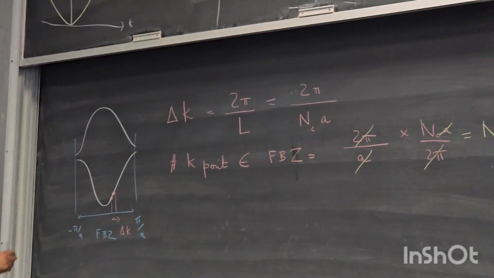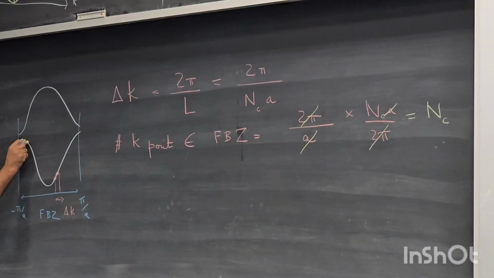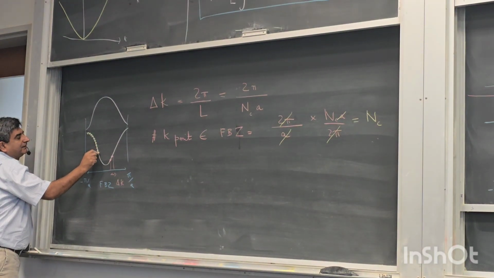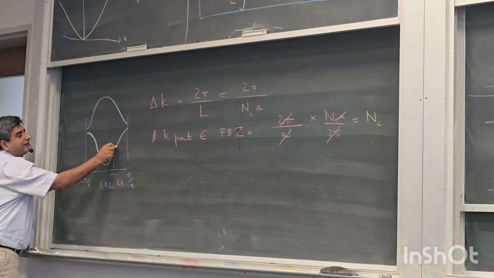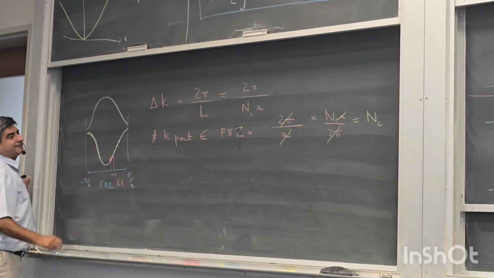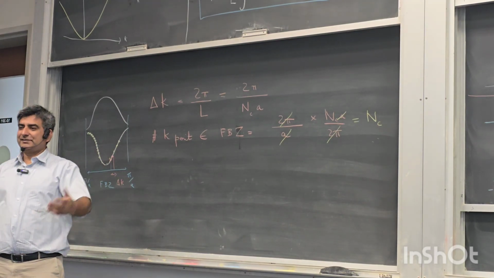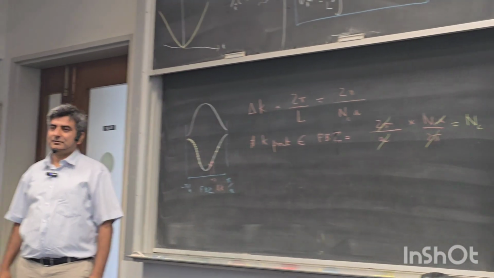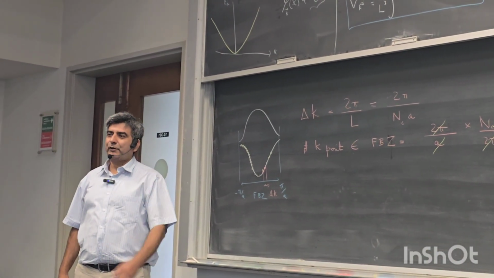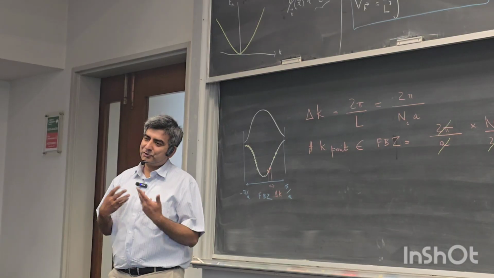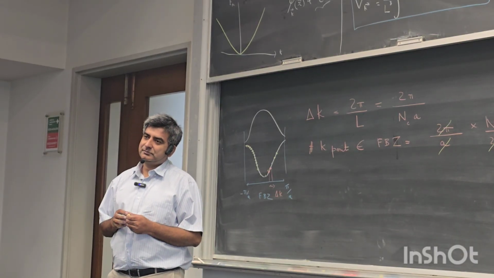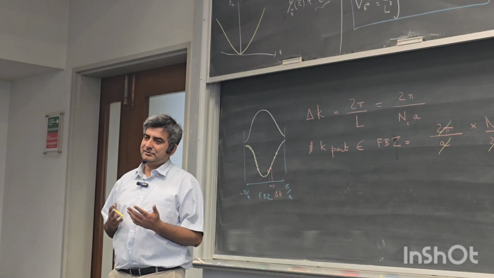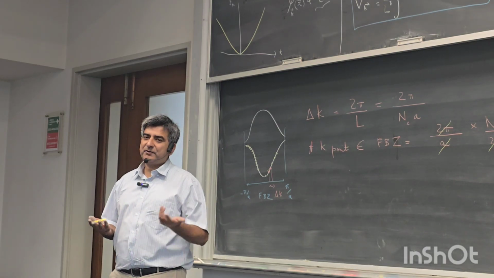So the number of points inside this band is the number of unit cells along the length. Now each k point, remember, can hold 2 electrons. Now if there is one free electron in one unit cell, this band will be half filled.